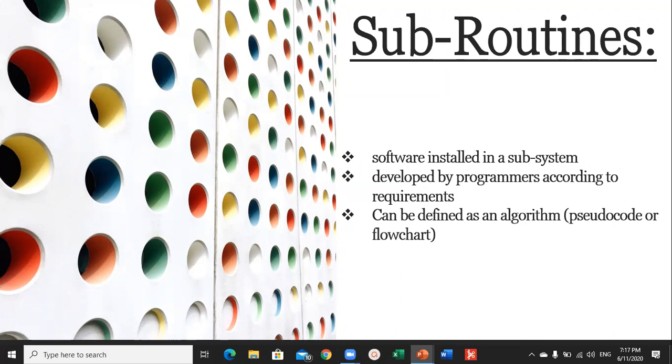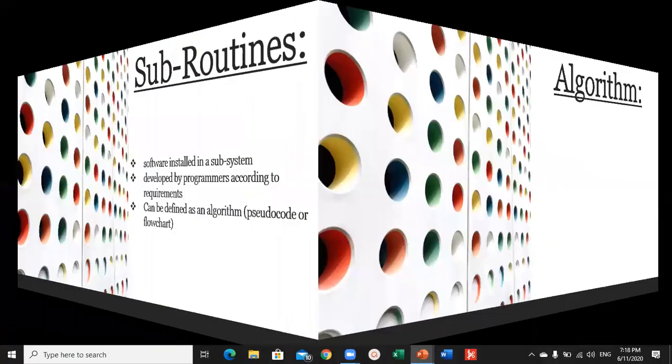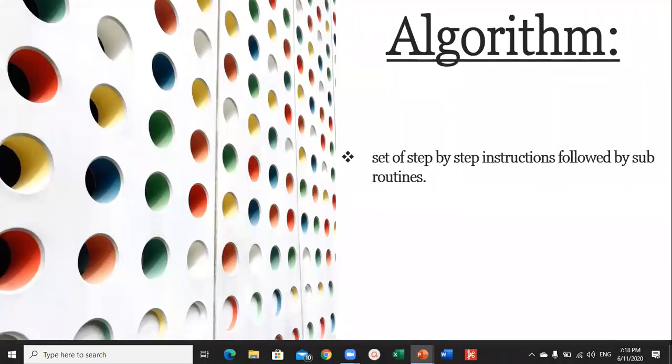Right? For the explanation of subroutines, algorithms are required, and algorithms are basically of two types: number one, pseudocode, and number two, flowchart. What is an algorithm?